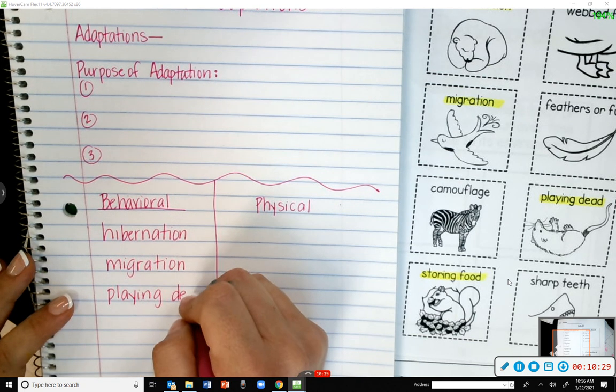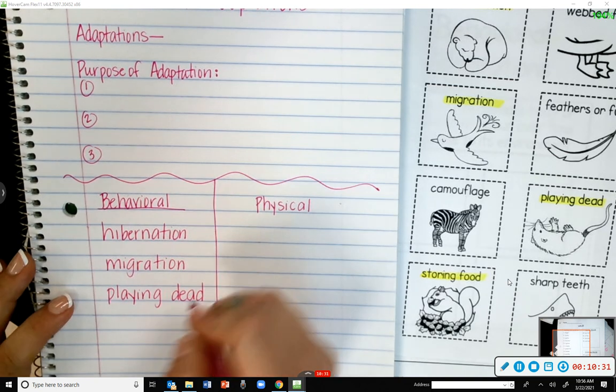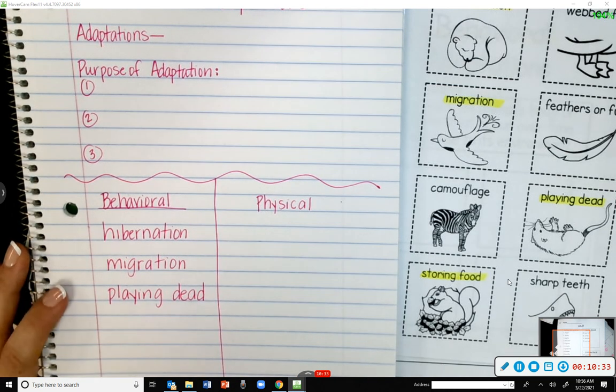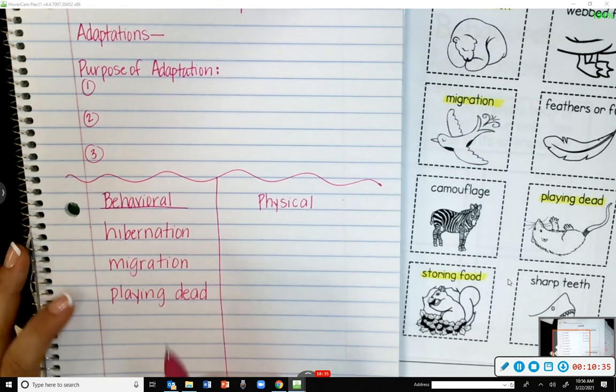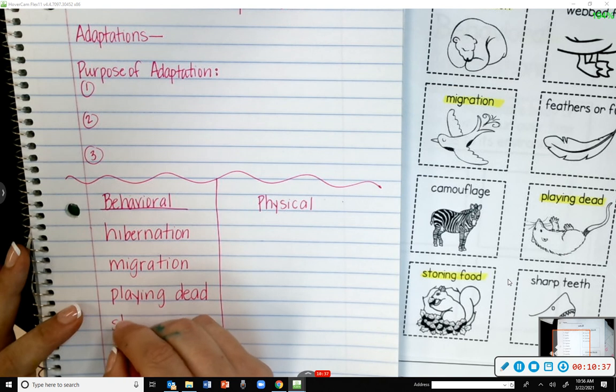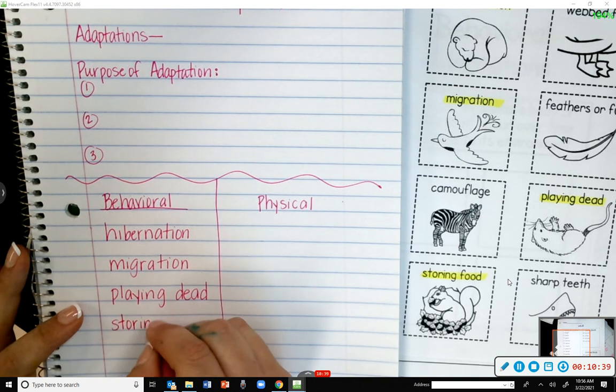So possum likes to play dead because then the predator will leave it alone. And storing food.